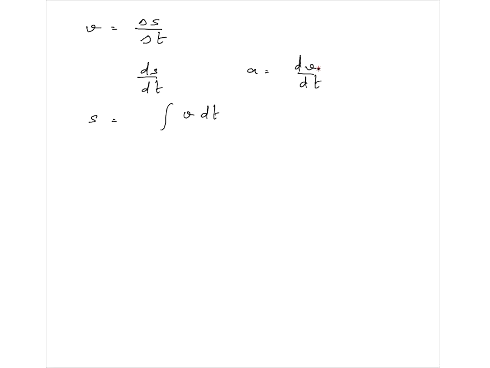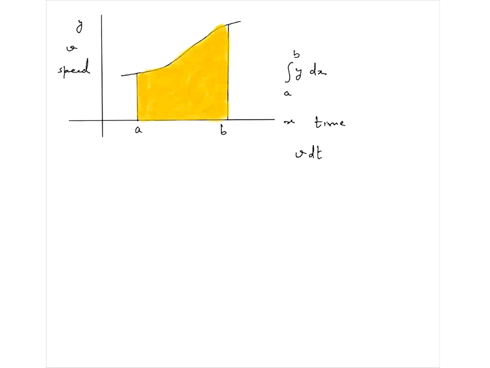Now while we are discussing this in the context of physics, actually this concept can be used to find the actual areas. So if you have some complicated curve, say for example an ellipse, you must have seen something like this, that's an ellipse.